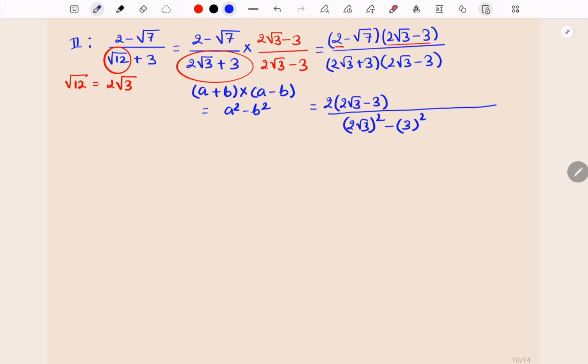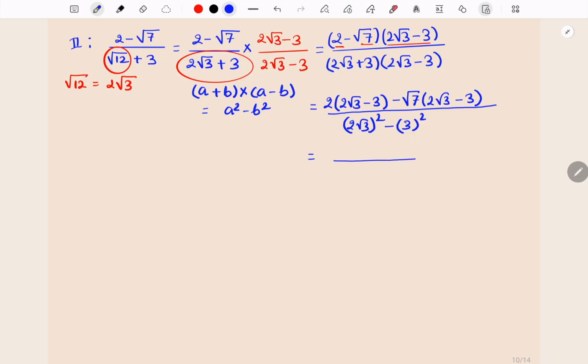Alright, now let's take negative root 7 and multiply it with 2 root 3 minus 3. Again, we are using the laws of distribution.